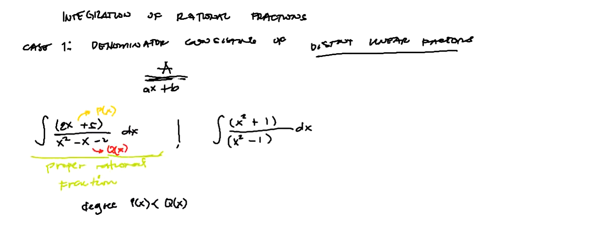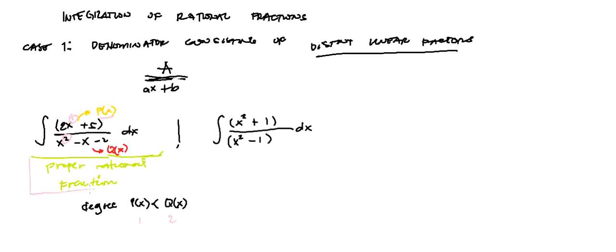So let's analyze the degree of our p of x. The degree of this binomial is 1, while our q of x is degree 2. So the degree of p of x is less than that of q of x because 1 is less than 2.